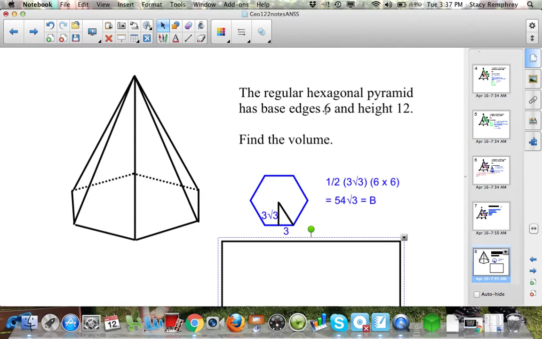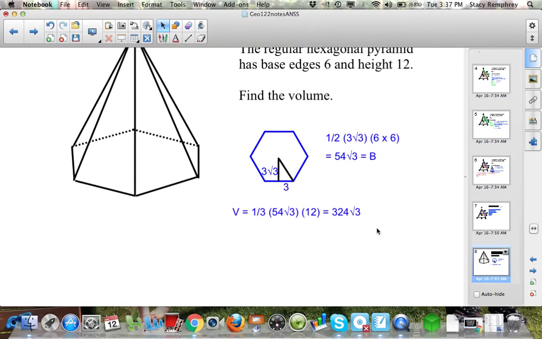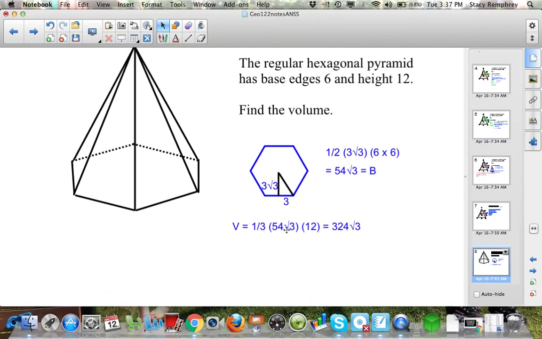I know this is 3 because the base edges are 6, and I know that's split in half, so that's a 3. And by 30-60-90 triangles, that's a 3√3, and this is the apothem. So the area of just the base is 1/2 the apothem times the perimeter, so I know my area of the base. Then I did 1/3 the area of the base times the height of the entire pyramid, and that's where the volume came from.